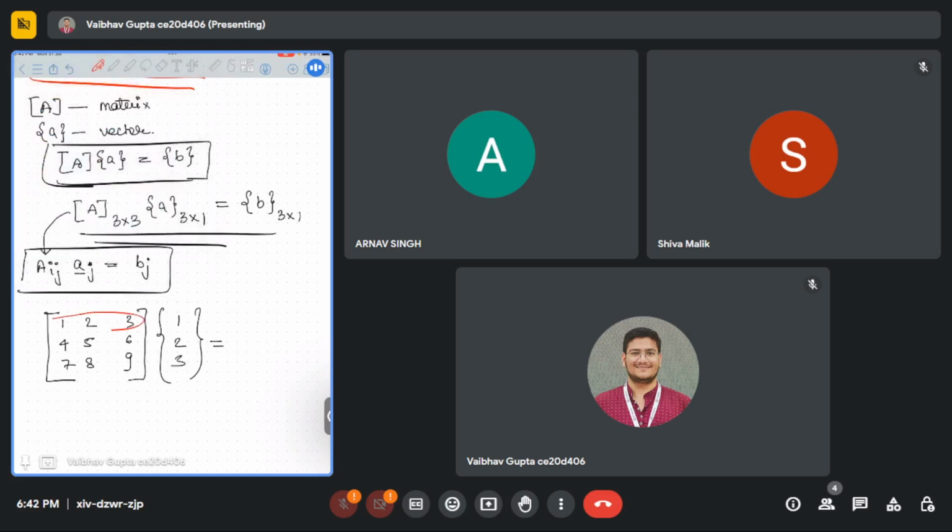The first row will multiply with the column and will add. That is what matrix multiplication is: 1 cross 1 plus 2 cross 2 plus 3 cross 3. Second is 4 cross 1 plus 5 cross 2 plus 6 cross 3. Last is 7 cross 1 plus 8 cross 2 plus 9 cross 3.